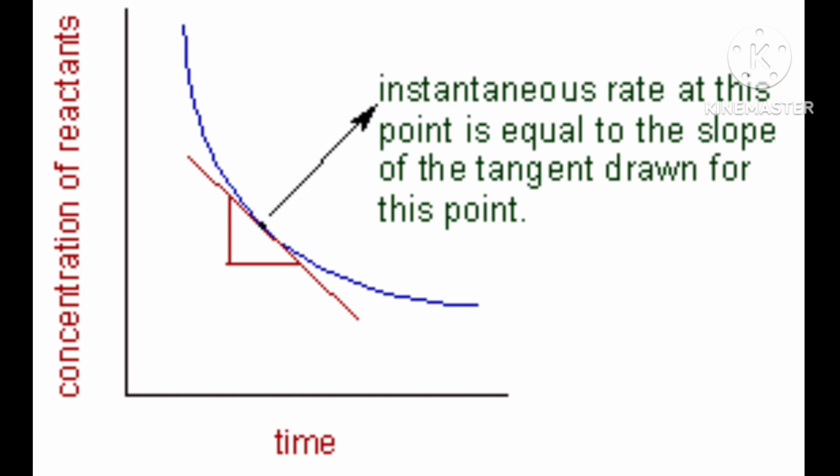Ten mole is now remaining 6, meaning 4 mole reacted in 5 minutes, so 4 divided by 5 mole per liter per unit time, meaning per minute, correct? That is the rate of the reaction. This is the concept I have told you, okay?